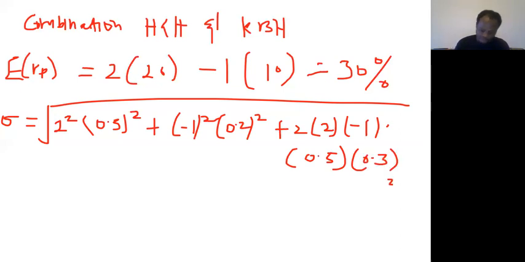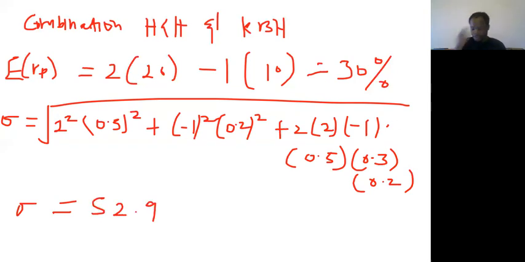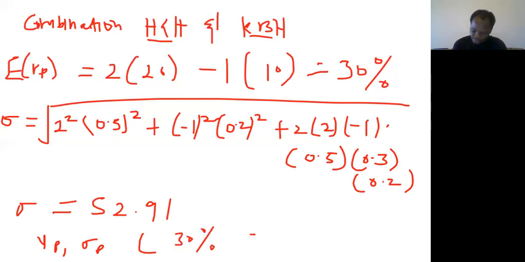So that means you have the volatility to be equal to 52.91%. Great. So in the case where we decide to combine AGH and KBH, we have a portfolio expected return of 30% and a volatility of 52.91%.